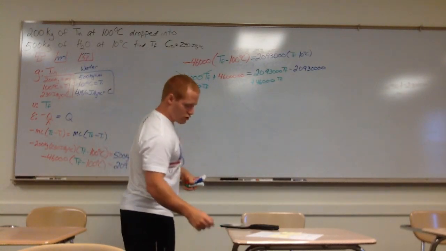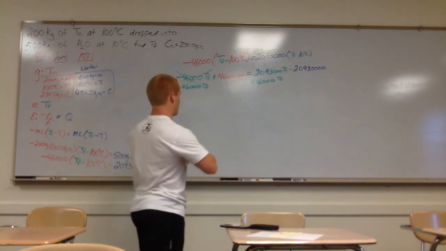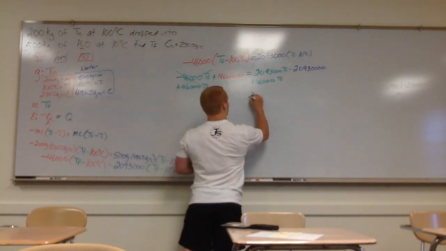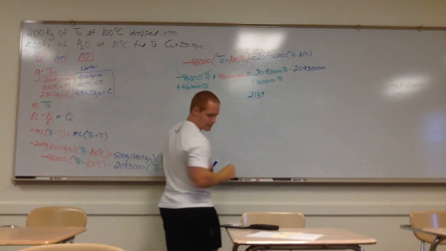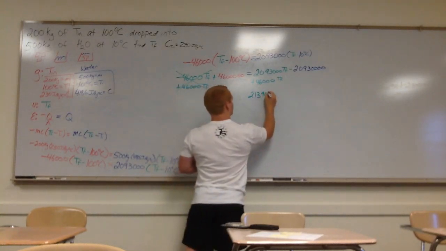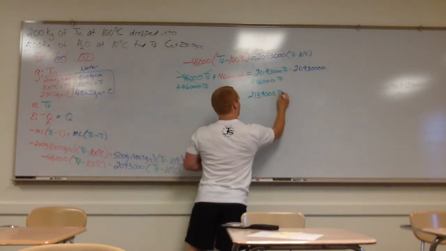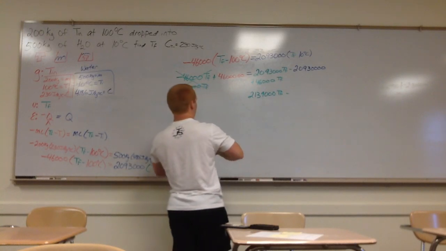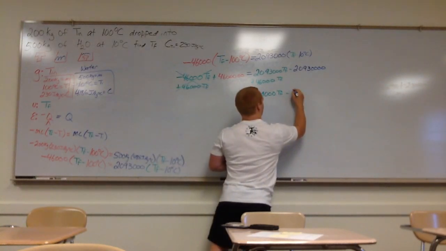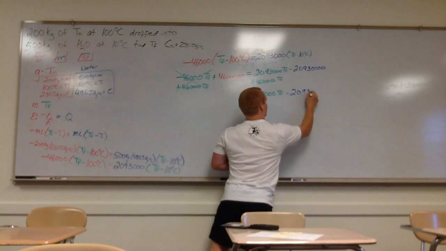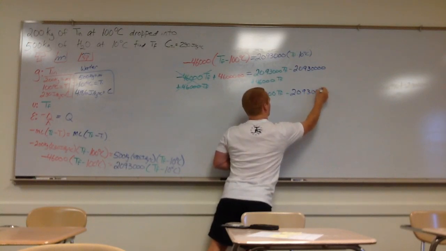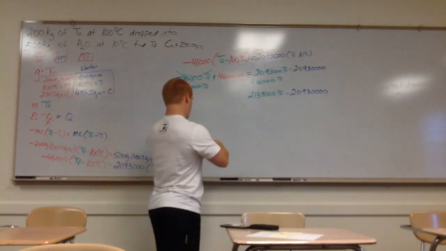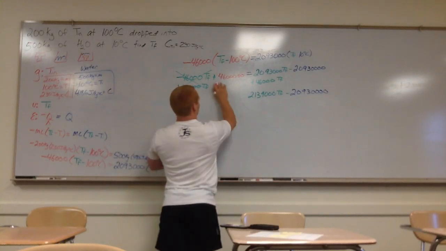So we should get 2,139,000 TF minus our 209,3, and this is still equal to our 46 number.